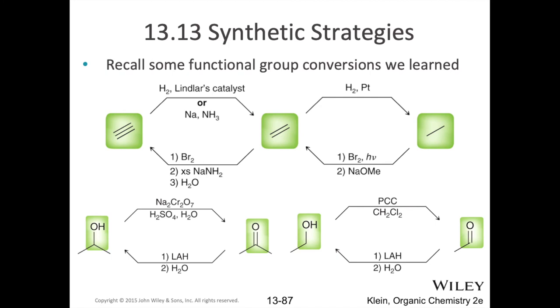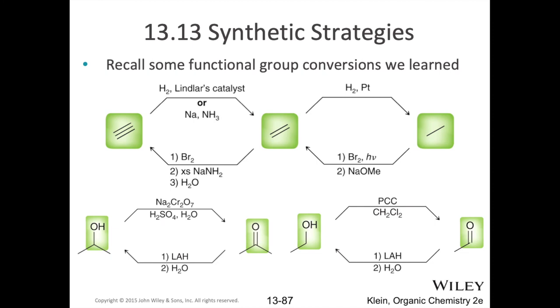You can go from alkynes to alkenes to alkanes, and stop along the way depending on what reagents you use. And I pointed out you do this as well with alcohol oxidation, right? You can take a primary alcohol to a carboxylic acid, but you could stop along the way using PCC, for example.